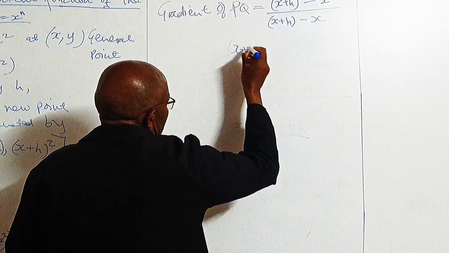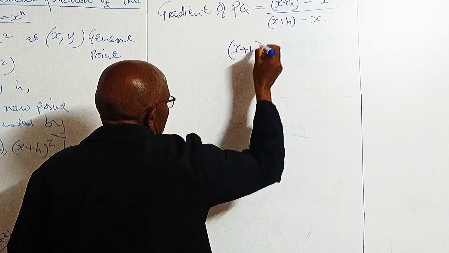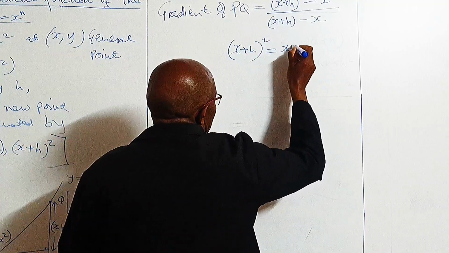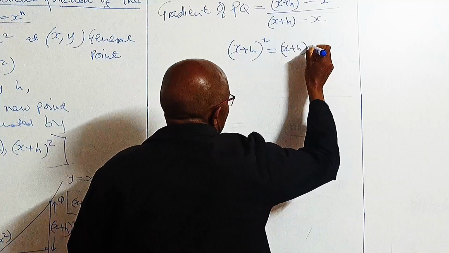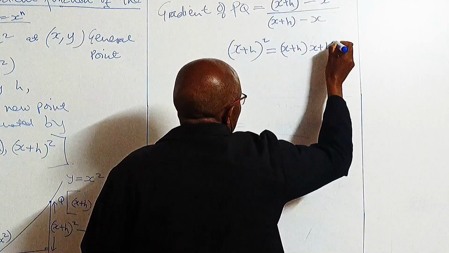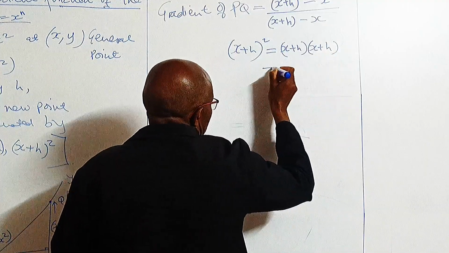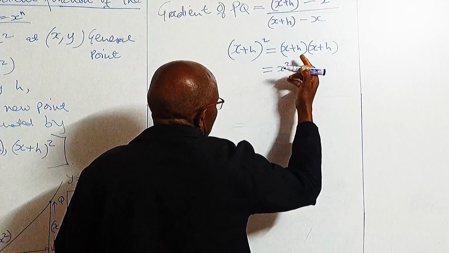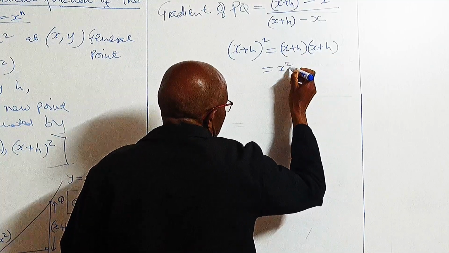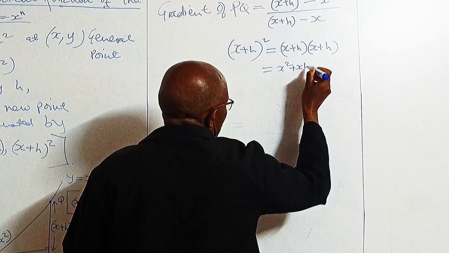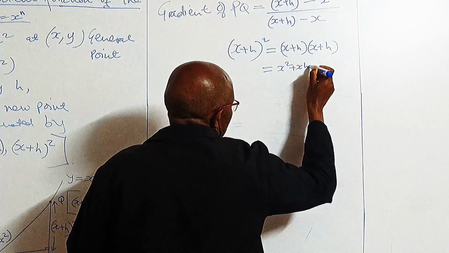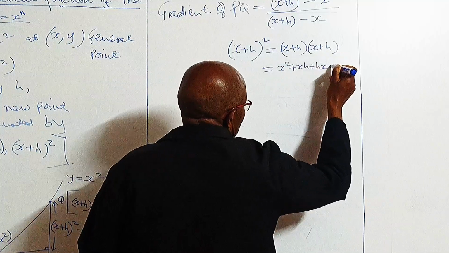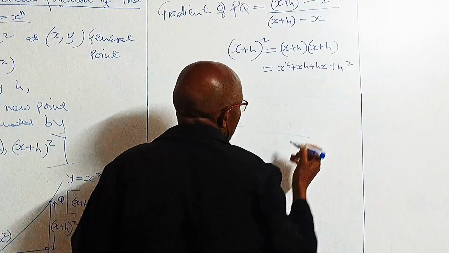(x plus h) squared is given by x plus h multiplied by x plus h, which equals: multiplying x by x, you get x squared; x times h, you get plus xh; h times x, plus hx; h times h, plus h squared.